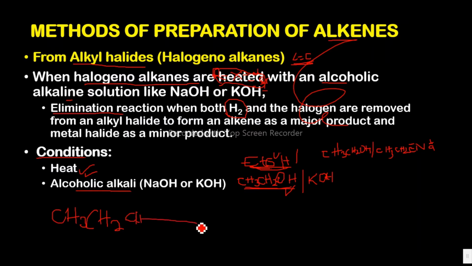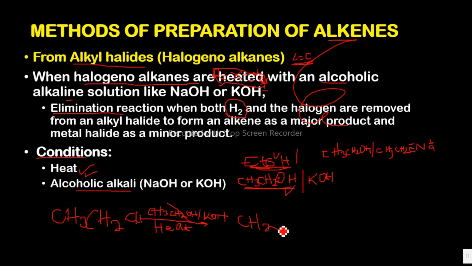So this is the chloroethane, and then this chloroethane, we can react it with our alcoholic alkali, which is CH3CH2OH, and I stroke it with the potassium, or it can be sodium hydroxide, and then I do some heating. So if I give you this, then you must get an alkene.